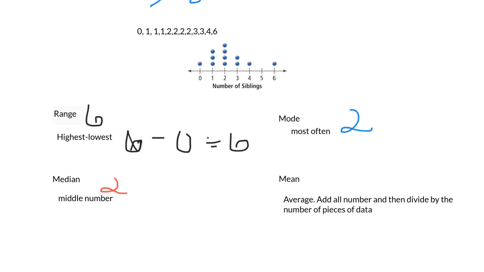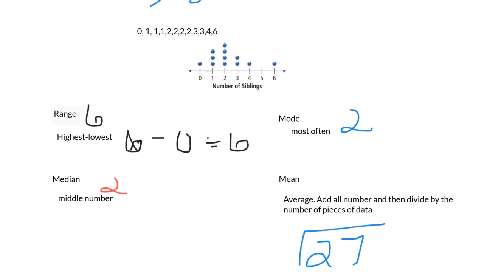This is 8 plus 3 is 11. 4 plus 6 is 10. And then 6. So yet again, we have another number sentence. 11 plus 10 is 21. And then 21 plus 6 is 27. That's the total.